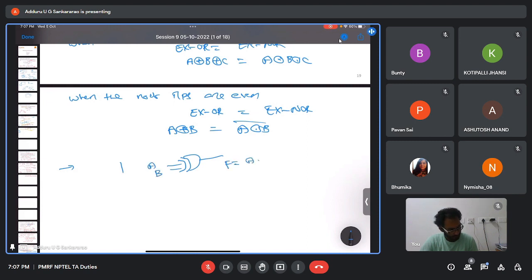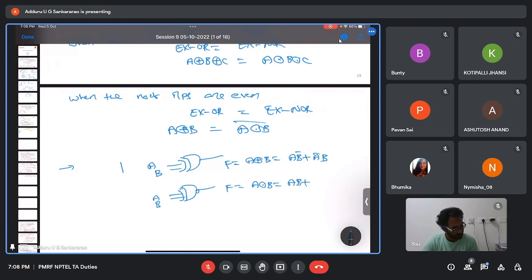A XOR B is AB bar plus A bar B. Right? Now, for an XNOR gate, let us say a two-input XNOR gate. You know what is the expression for XNOR gate?